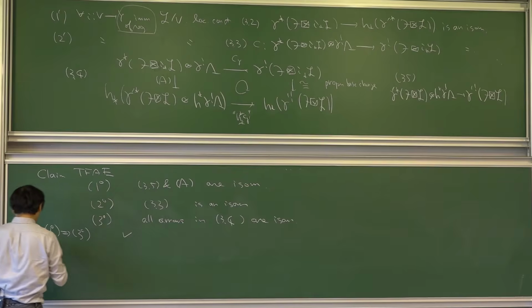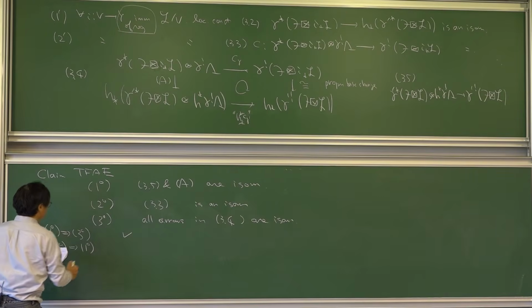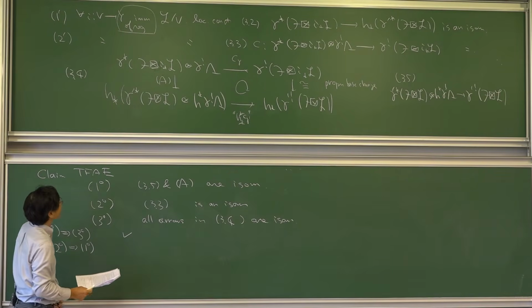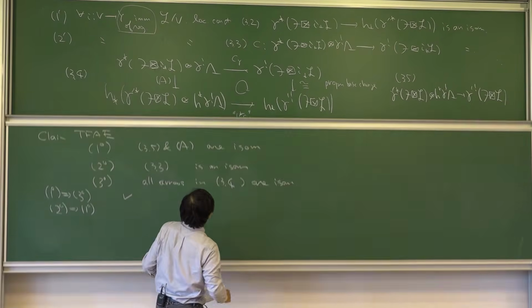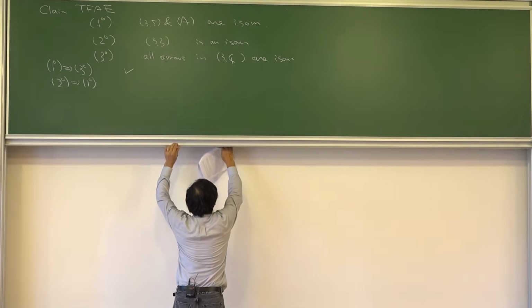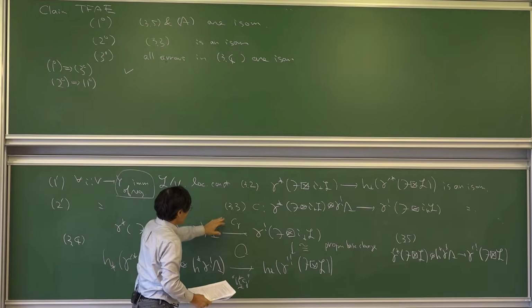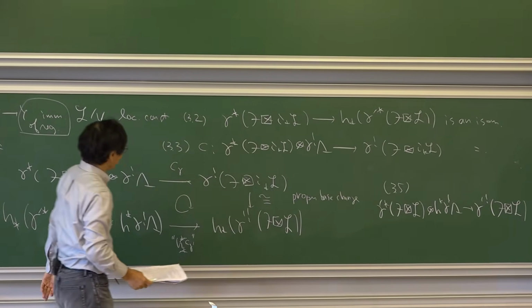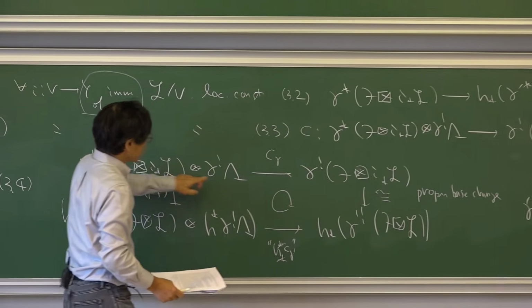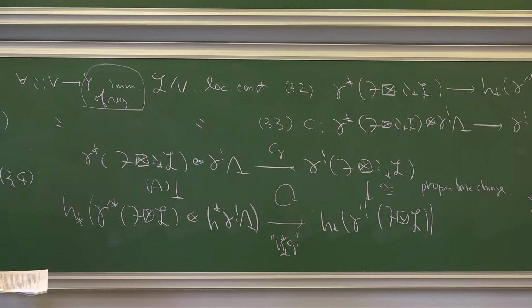Okay. And second implies the first. So 3.3 is an isomorphism. So we assume this is an isomorphism. And we know that that is an isomorphism. So that means this composition is an isomorphism.